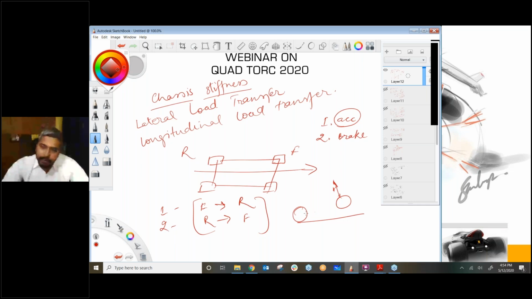So if I draw the side view of your chassis, something like this it will look.